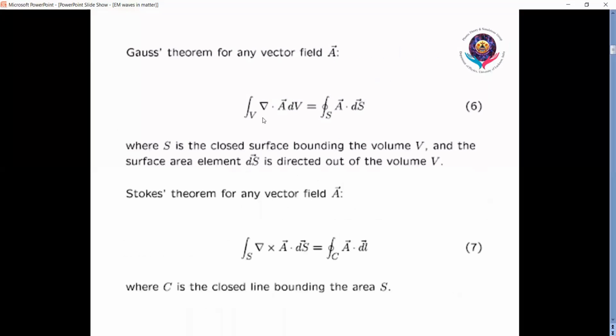If we take del of a vector, then the volume integral reduces to the surface integral.